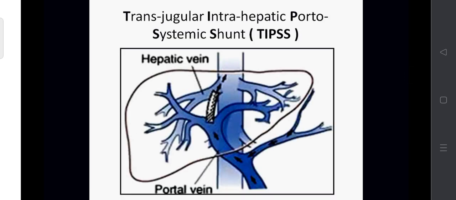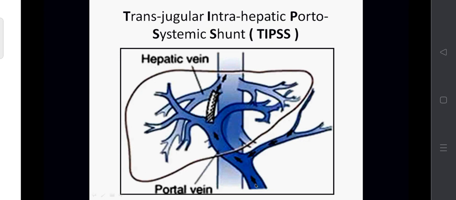So in conditions of portal hypertension, we can bypass the liver and divert the blood from portal vein to the inferior vena cava. Here this is one such procedure called TIPS. You can see the outline of liver, outline of inferior vena cava and the portal vein.